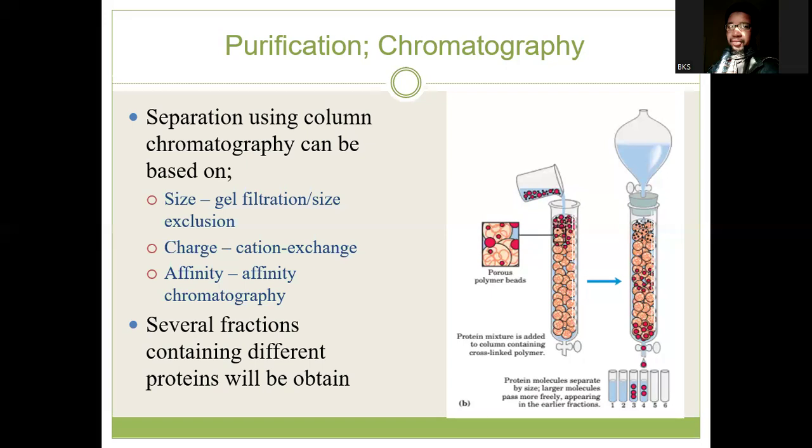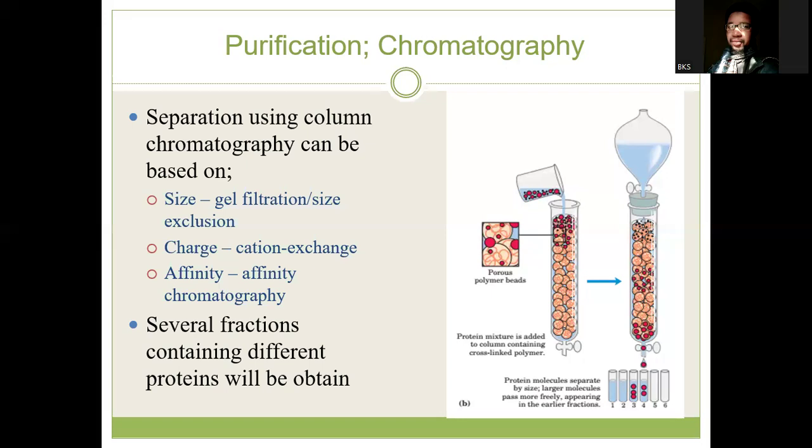So after doing the precipitation, you take it out, you now do the purification. For example, let's say you started with gel filtration, where you prepare your own stationary phase, containing substances that allow the movement of smaller molecules and retain the bigger ones, and use the buffer to wash them down.